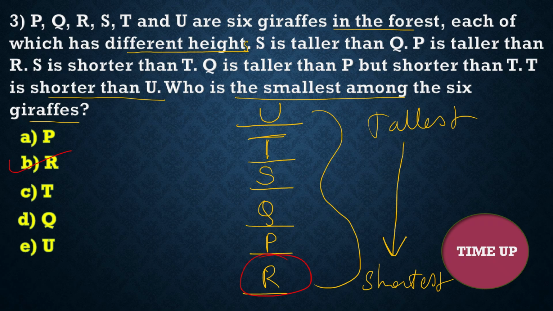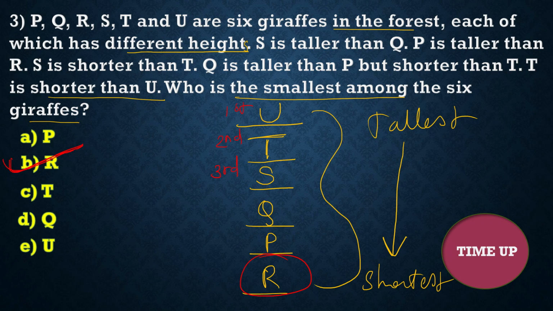So B is the correct option, R. Who is the tallest, if they ask? Then it would have been U. Who is the third tallest giraffe, if they ask? Then it would have been S, because this is the first tallest, second tallest, third tallest.